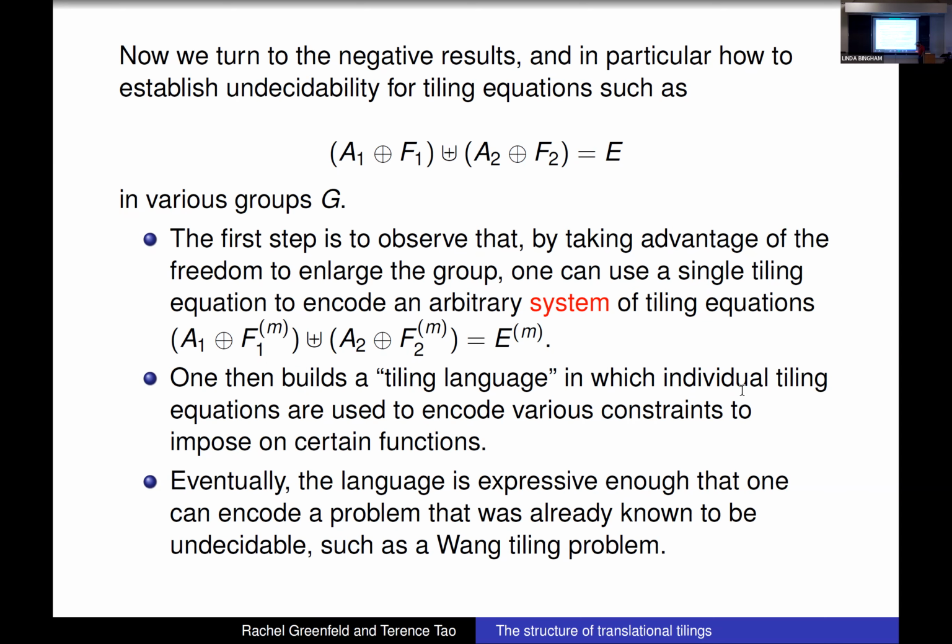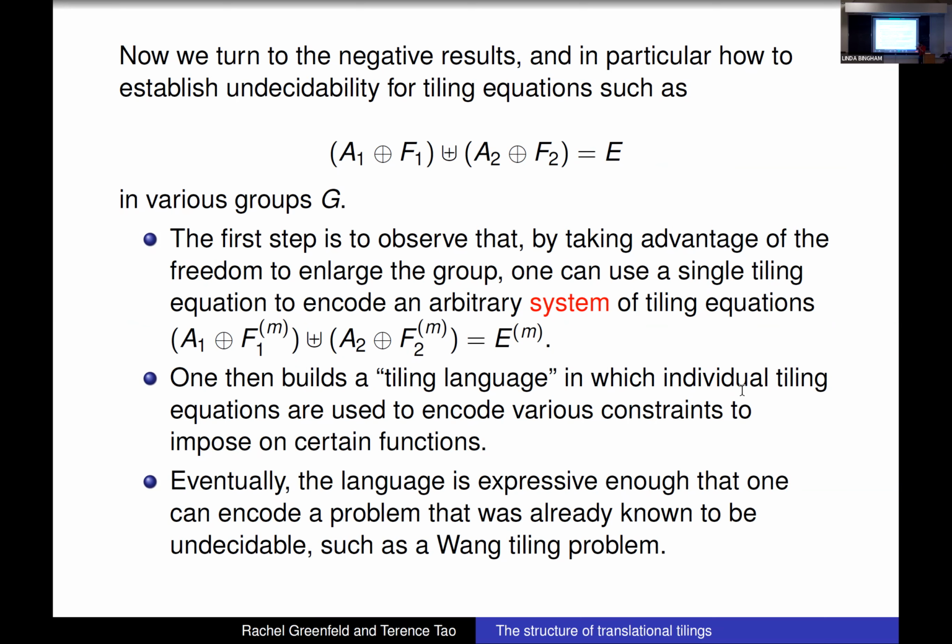Once you have that, that gives you a lot more flexibility, because you can start thinking in terms of creating a language. So every one of these tiling equations is like a sentence in a language. And maybe every individual sentence is solvable or not solvable, decidable or undecidable.